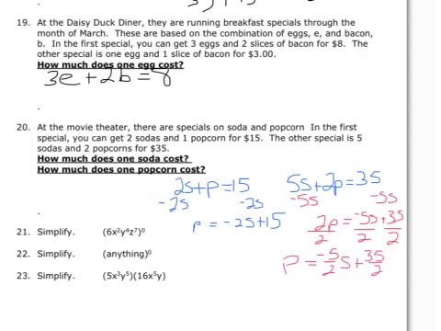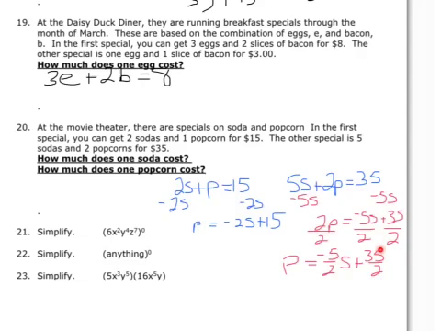And it's okay to leave those as fractions. We can type them in the calculator that way. So I would type this into y equals, so it would be y equals negative 2x plus 15, and this one would be y equals negative 5 halves x plus 35 divided by 2.